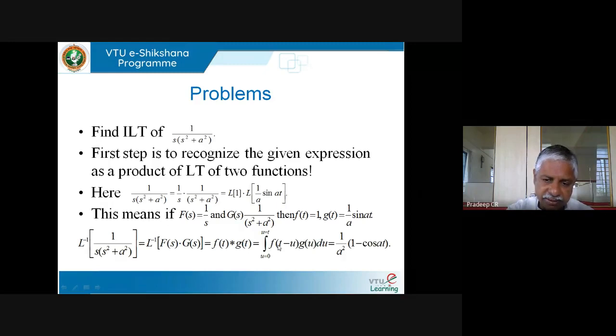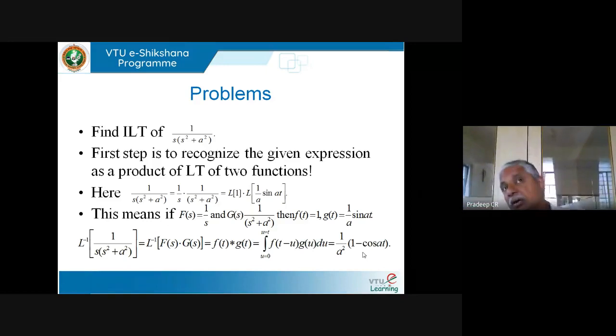When it is t, I'll get cos at, and when it is 0, I'll get cos 0 as 1. So it should be cos at minus 1. I don't know why it is 1 minus cos at. Just check the sign. Oh no, the integral of sine is minus cos. So that is correct. 1 minus cos at, what I have written is correct.